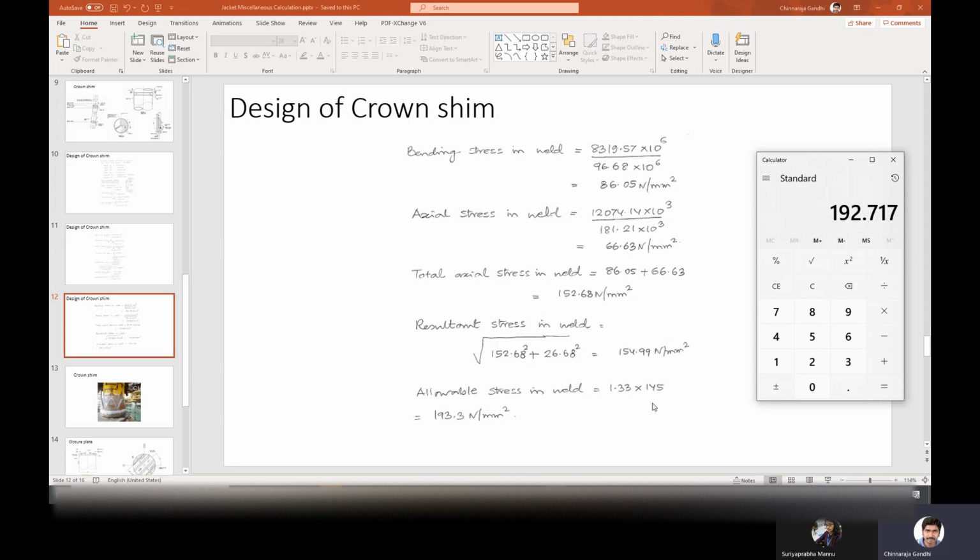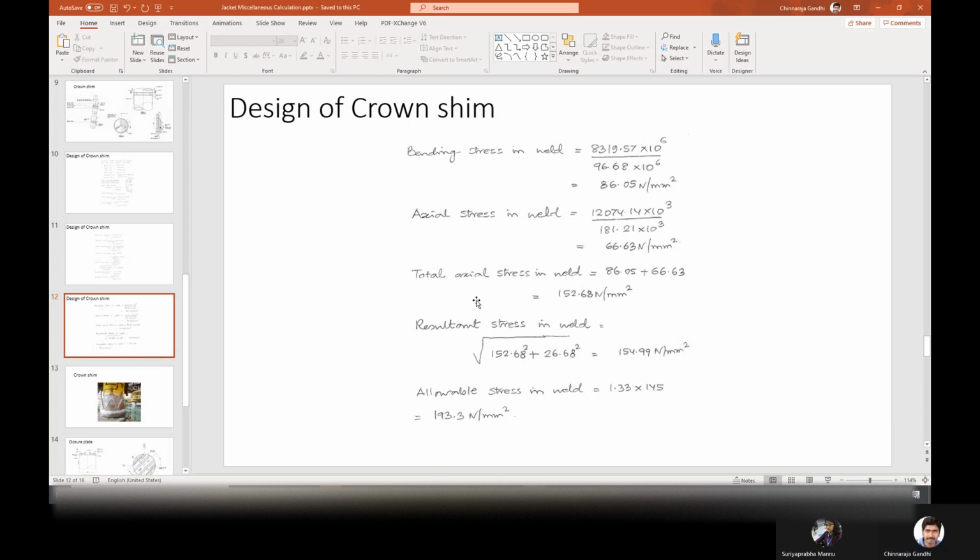So the fraction taken here is 1.333, something like that. So it is 193.3. The actual is 154.99, so actual by allowable 193.3, UC of 0.8. Now the weld is okay. So this is the crown shim check, the weld check here.